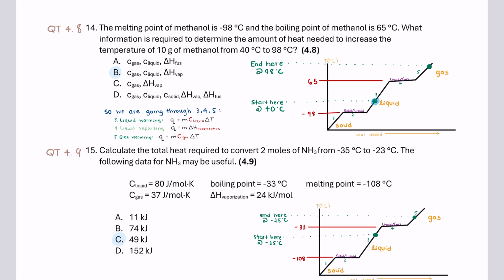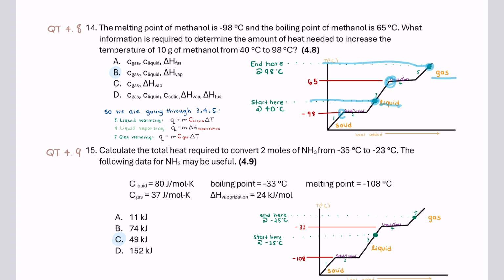We're starting at 40 degrees Celsius, which is in the liquid phase because it's above the melting point and below the boiling point. And then we're ending at 98 degrees Celsius, which is in the gas phase since it's above the boiling point. So as we heat the methanol from 40 to 98 degrees, we're going through 3 steps.